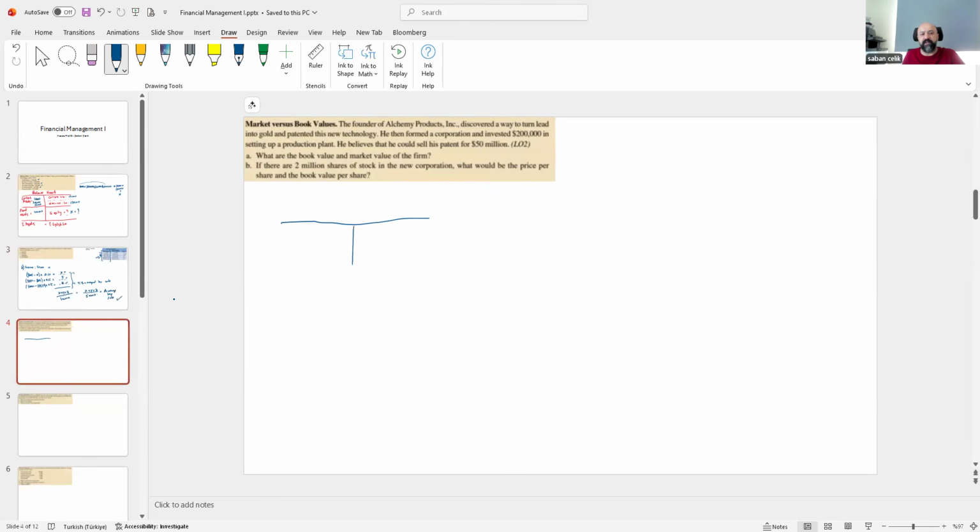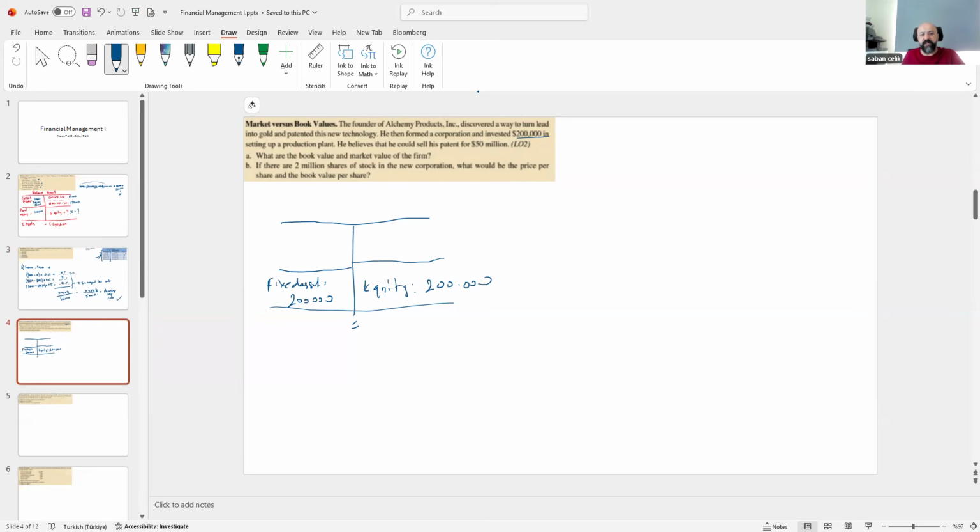So book value is, simply speaking, the balance sheet shareholders' equity. Here, as you see, they spent $200,000 on plant and equipment. So probably here the fixed asset, they invest $200,000 as equity, and then this amount will be spent here, $200,000.